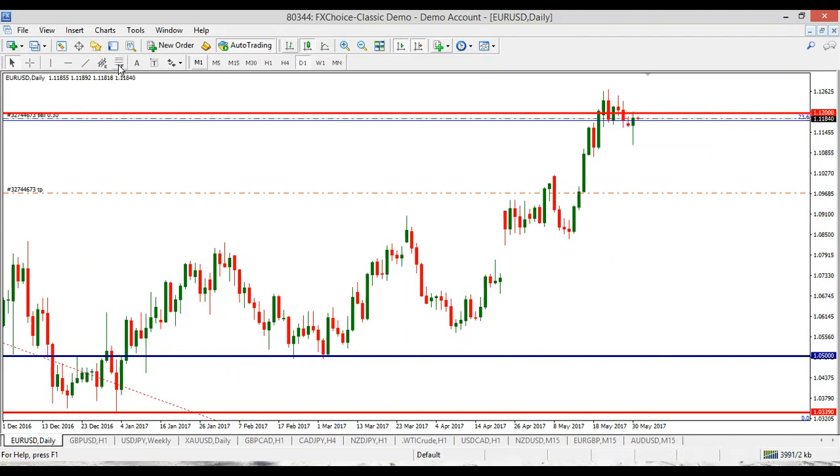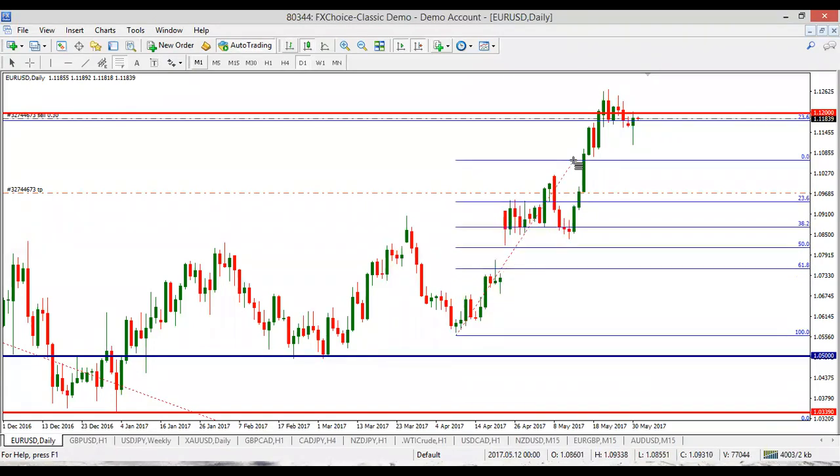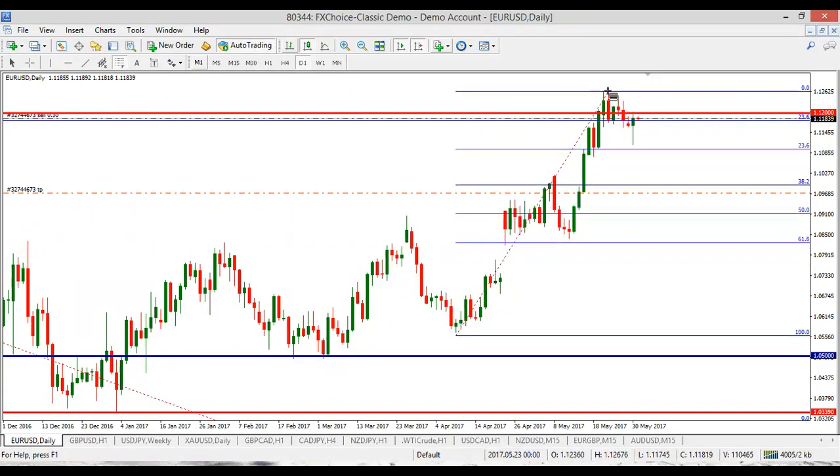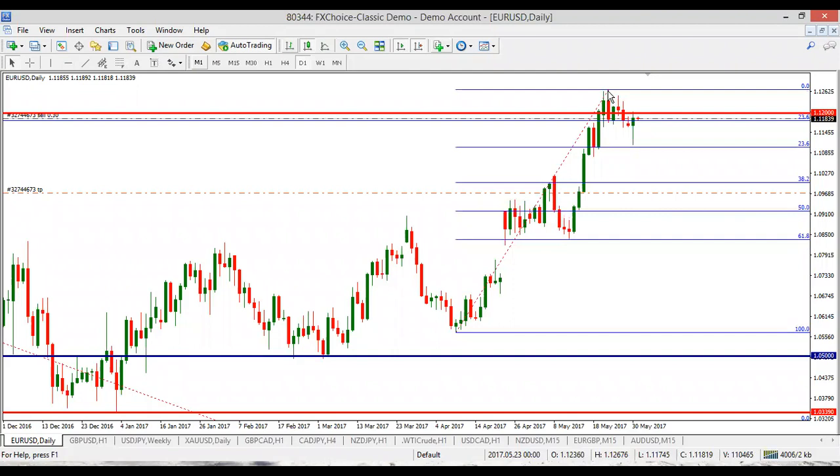Now let's use our tool. Price was forming higher high, higher low, A, B, C, D. Another A starts here. To B, we are now looking for C, about 50 or 61%.